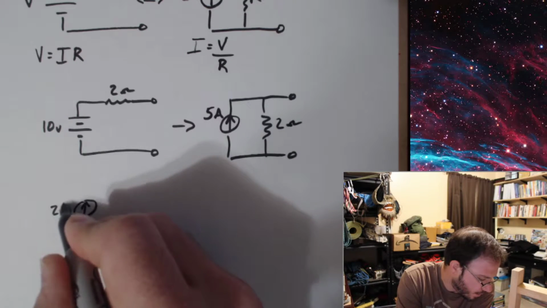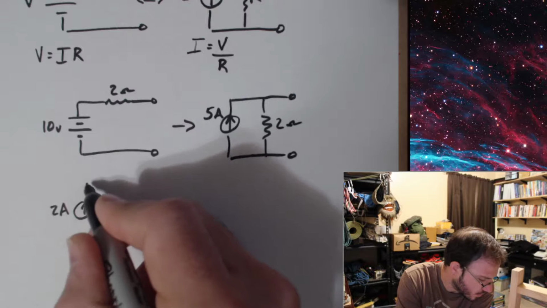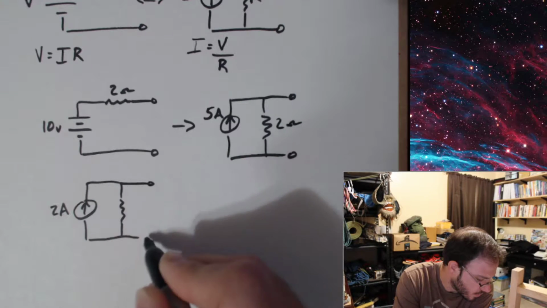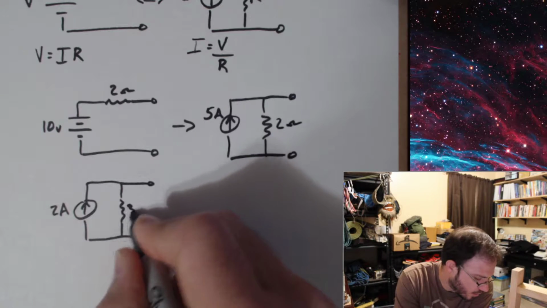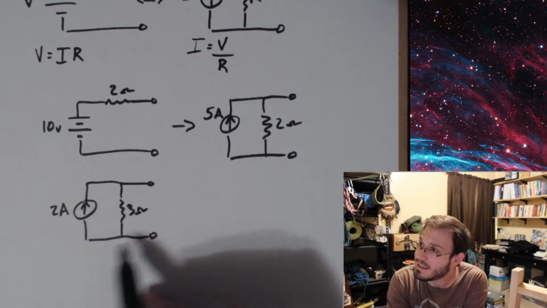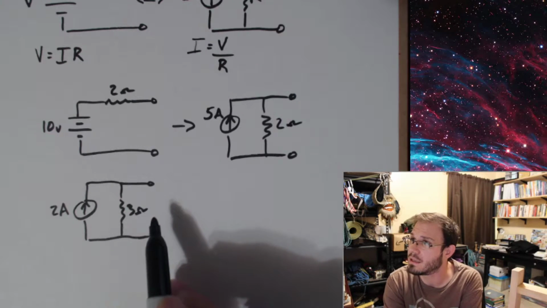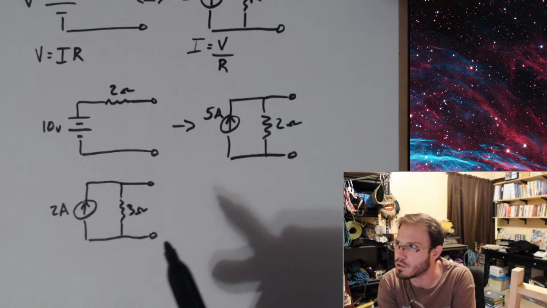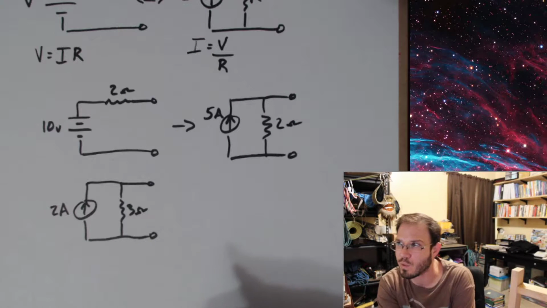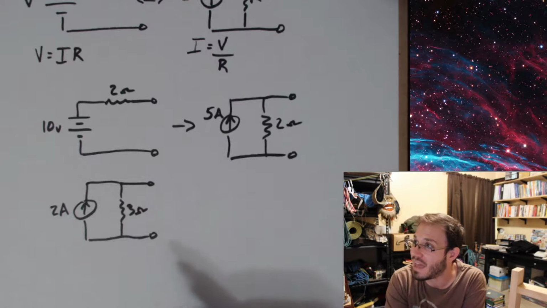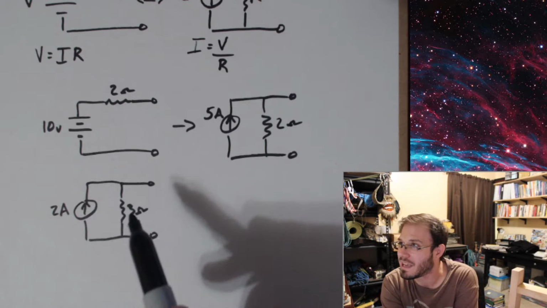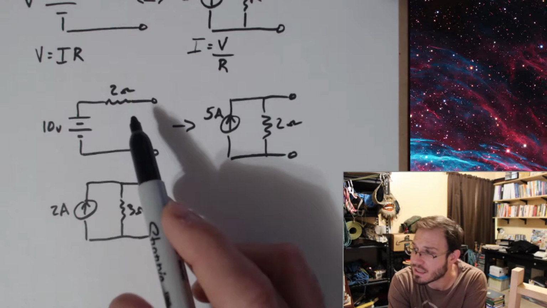Let's take a 2 amp source with a 3 ohm parallel resistor, and let's say that this didn't suit us in our circuit, and a voltage source with a series resistor would end up ultimately being more useful. In fact, next class we will see that this actually ends up being much easier to solve than this.